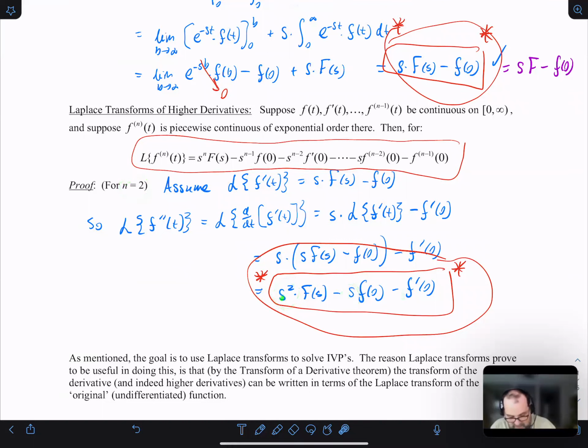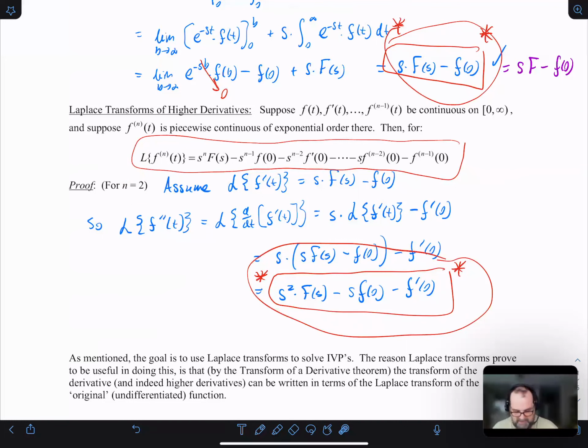So it's kind of going s squared, s to the 1, s to the 0. And then these are going in the opposite direction. A Laplace transform is kind of an integral, and then that would be kind of a derivative, and that would be kind of another derivative. And again, these are evaluated at 0. So the pattern is imperfect, but I can make sense of it and remember it this way.